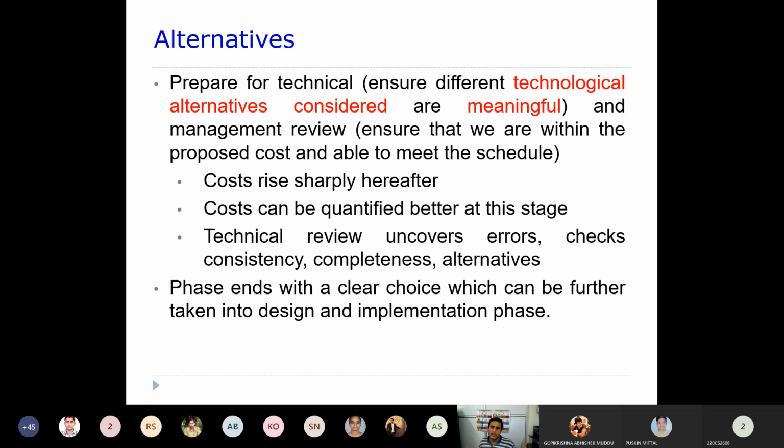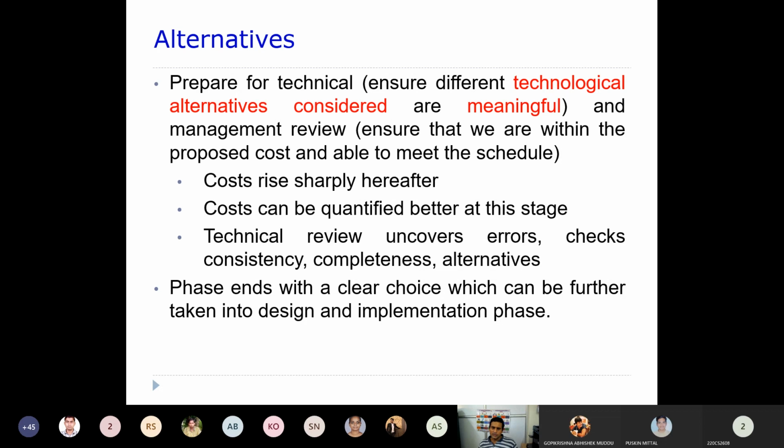If at all any requirement errors are there, that can be detected here itself. So we are trying to find out the design errors here itself when you are reviewing these technical alternatives, right? As well as we try to see whether we maintain consistency and completeness as per the SRS or not. So everything will be checked out here.